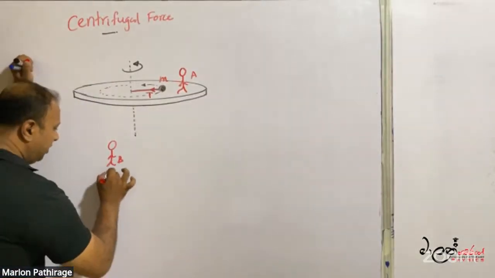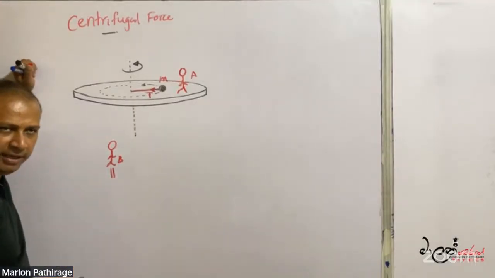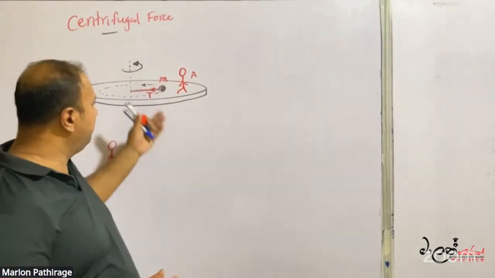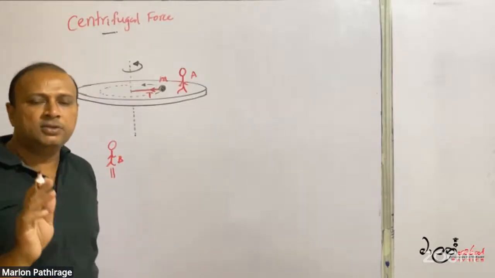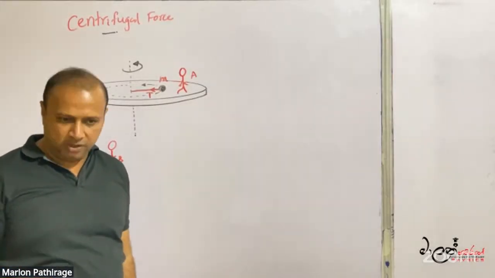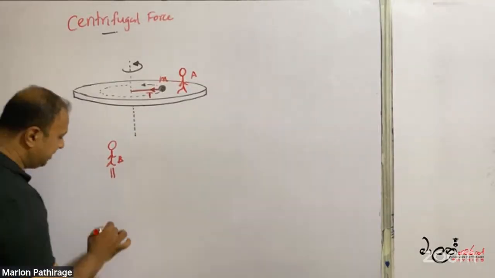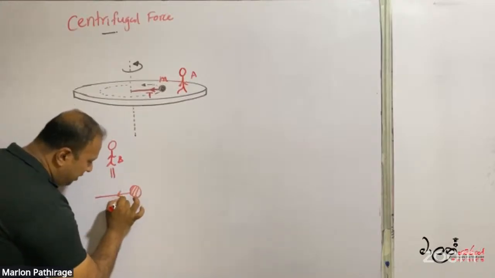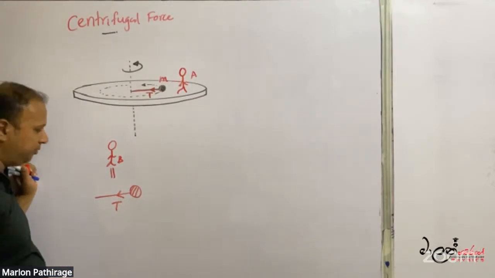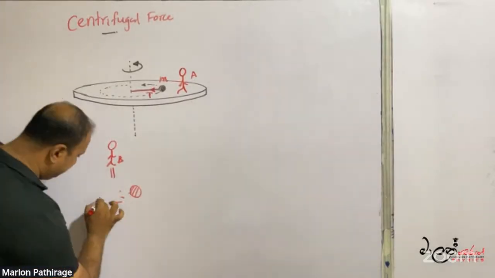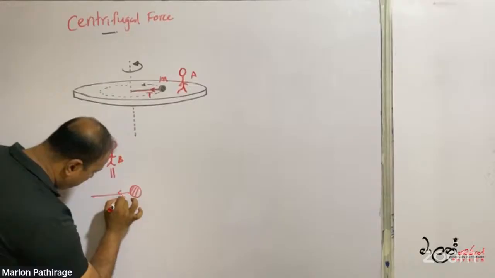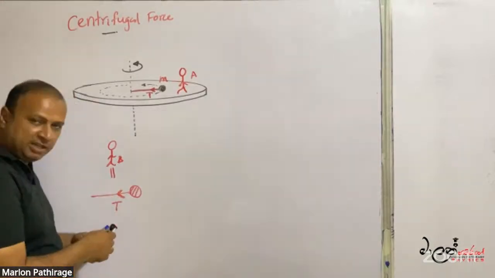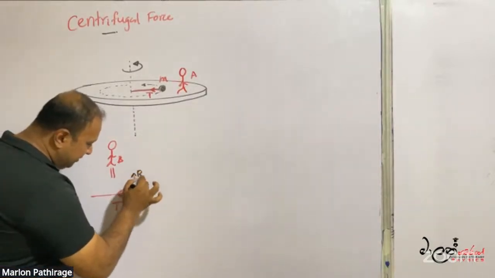Therefore, with respect to B, if we consider horizontal forces, there is only one horizontal force, that is T. Is that clear? Other than this tension force, there is a reaction force as well as Mg.